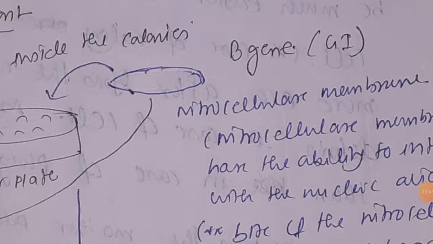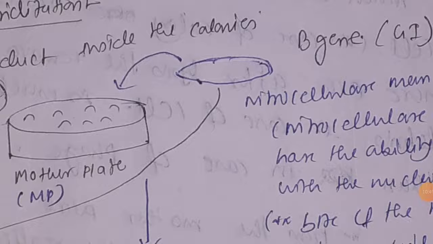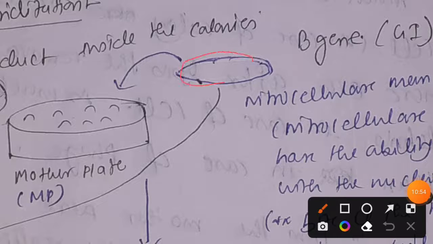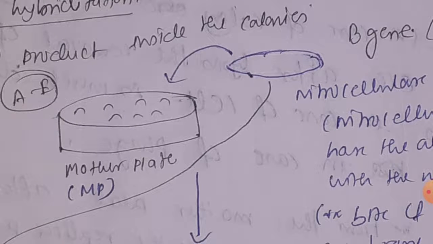Okay, so now the first thing is that you have to take a nitrocellulose membrane. Okay, this nitrocellulose membrane has some special quality. I want to mention that this nitrocellulose membrane has special affinity towards DNA, okay, or also RNA, but here we are mainly concerned with DNA, right?